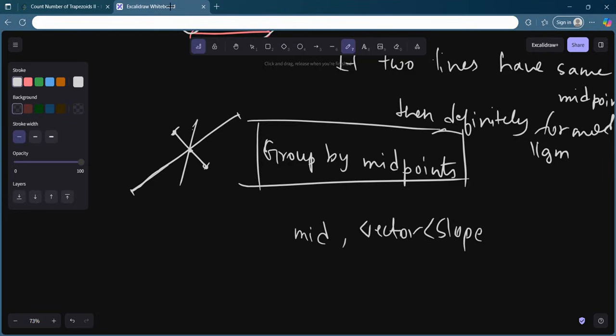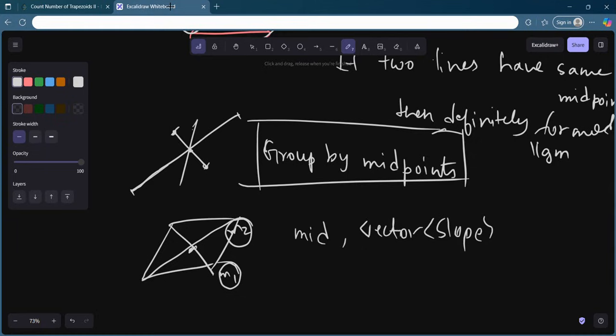You will ask me, why vector of slopes? You see, if a midpoint of this line has a slope of m1, and this is a midpoint of some other line which has a different slope m2, you can tell that I have got one parallelogram with me, please help me find it. So you will tell something like this.